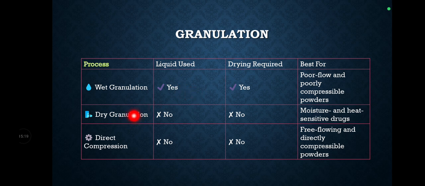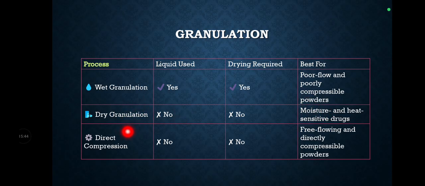Then dry granulation. No liquid is used for this granulation, and drying is also not necessary. It is best for moisture-sensitive and heat-sensitive drugs. For those drugs, we can use the dry granulation process.